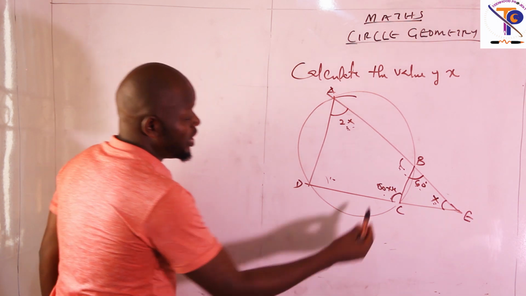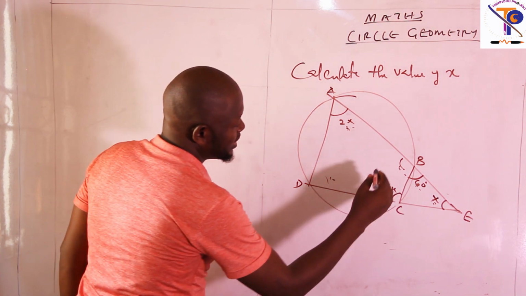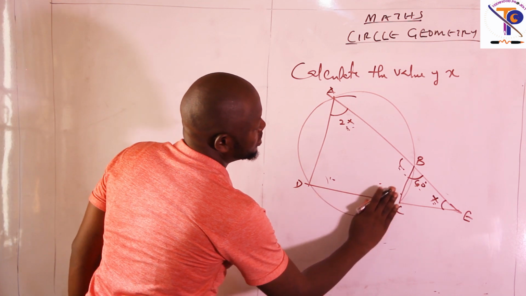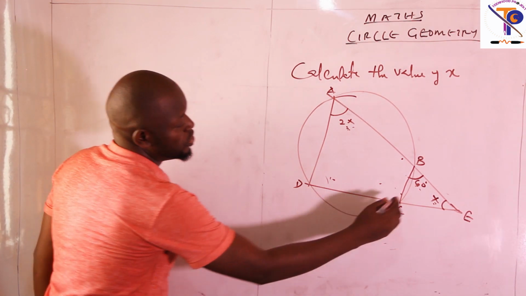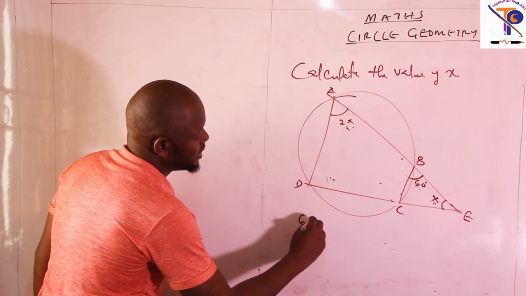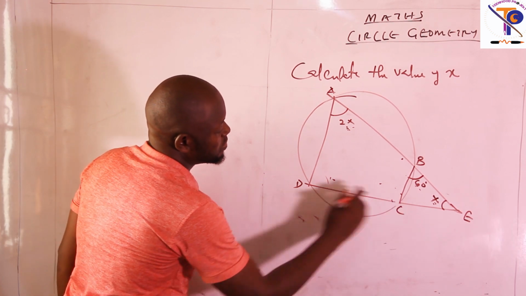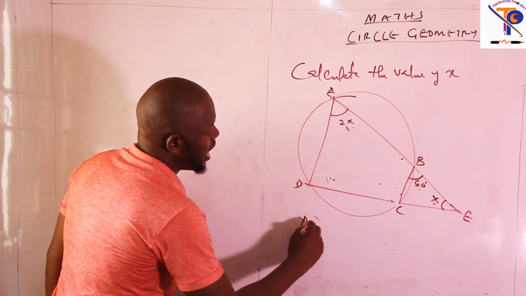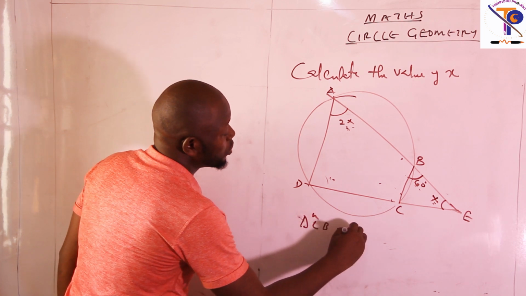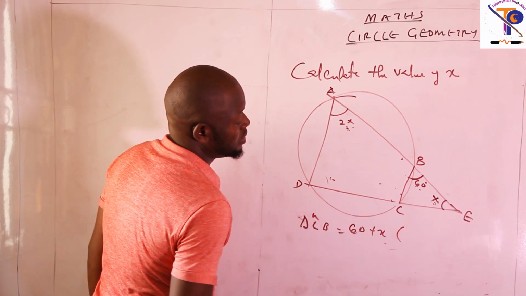So let's work. So this one, 60 plus this side now, that is angle DCB is equal to 60 plus x.